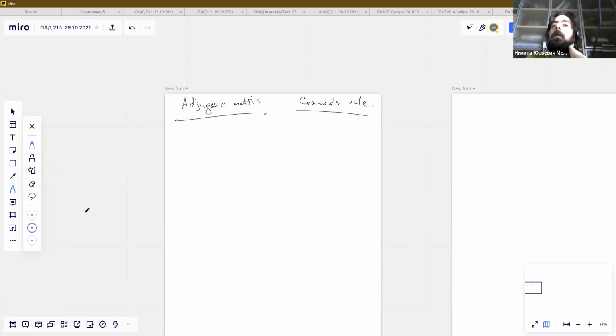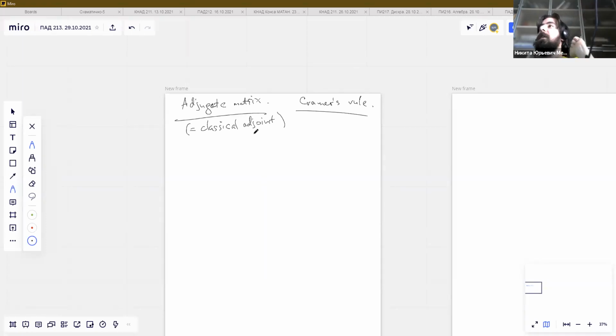You might remember that the adjugate matrix is the following construction. It has several names: adjugate matrix, or a second name, classical adjoint. The word classical looks strange, but it means that once upon a time it was named adjoint, and then someone named another thing adjoint, and now there are two different things named adjoint.